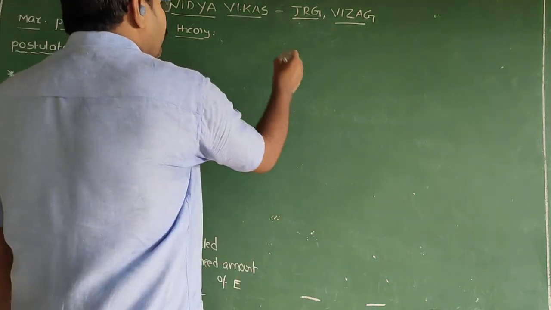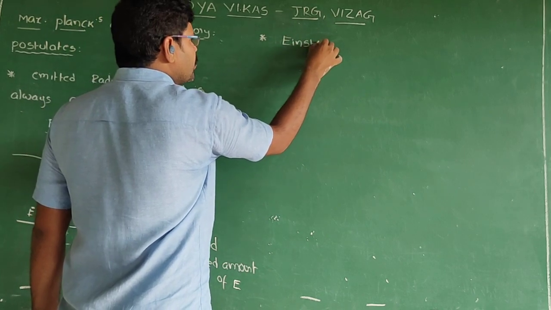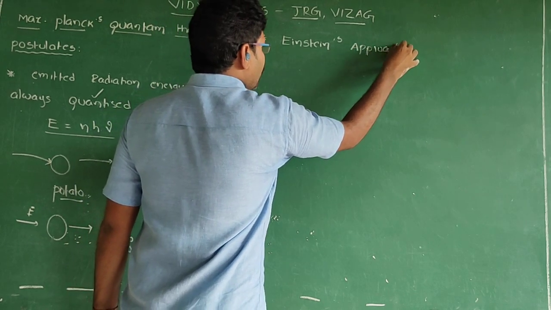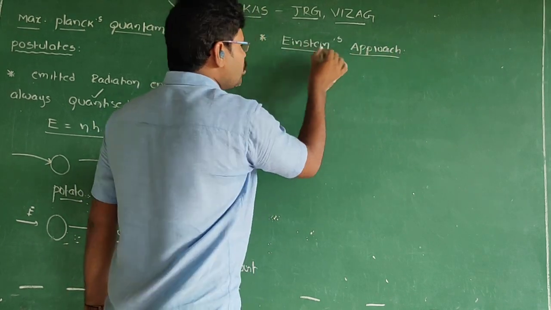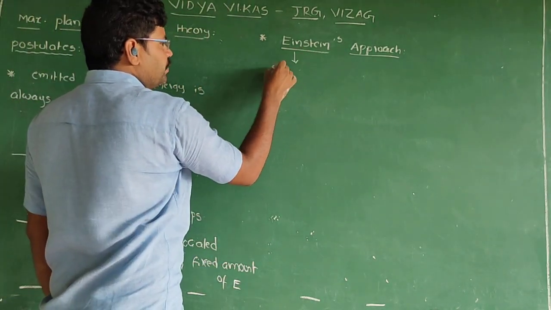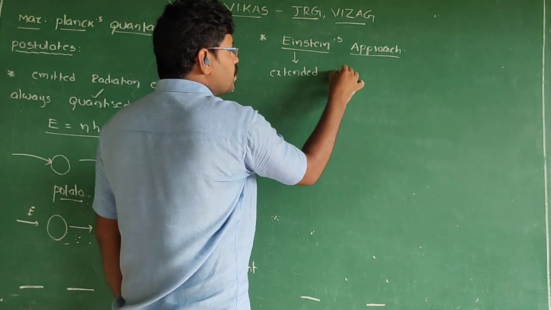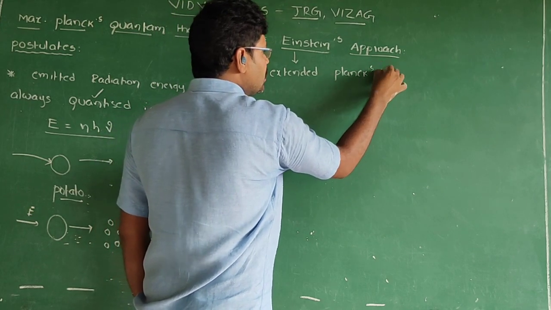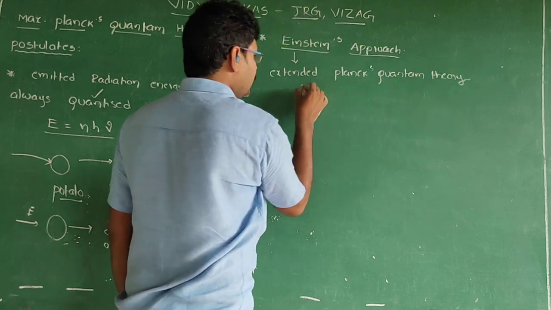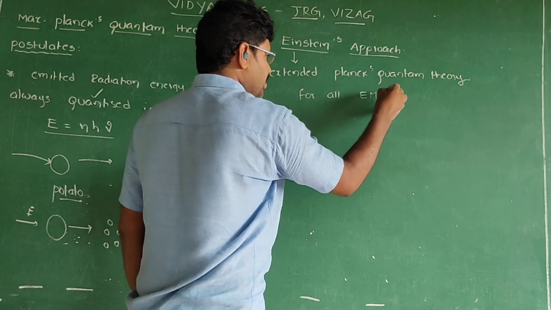And students, now let me come to Einstein's approach towards Planck's quantum theory. How did Einstein approach Planck's quantum theory, sir? Dear students, Einstein extended Max Planck's quantum theory, keep in mind, for all electromagnetic radiations.